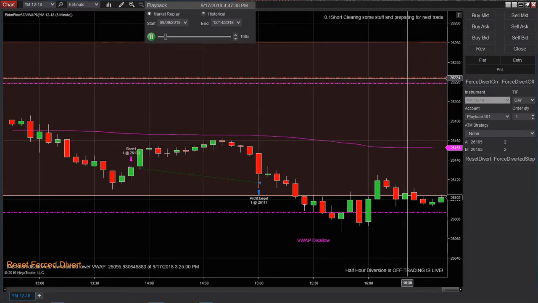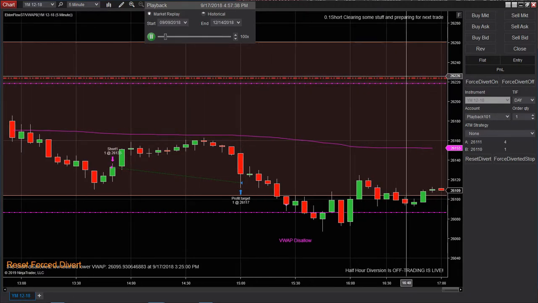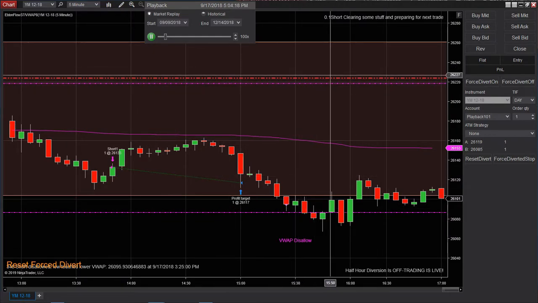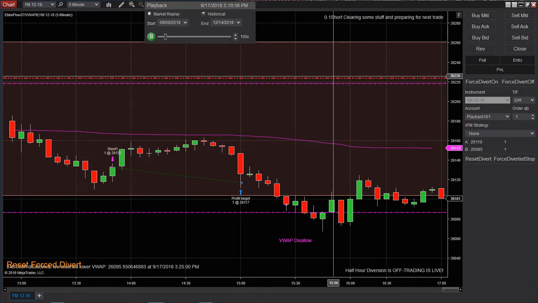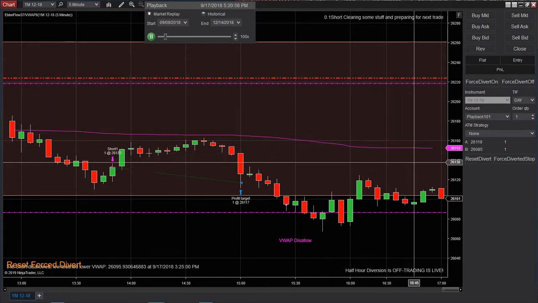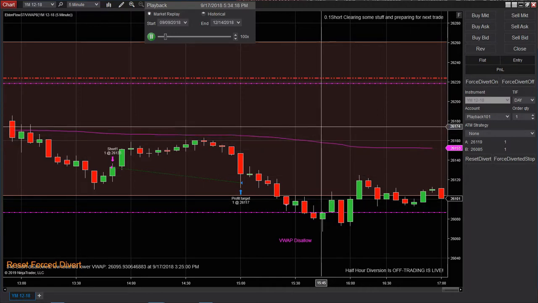If price touches that, I believe if it closes above that, then that will cause a disallow based on that. And in order to then get an allow, it will have to trade all the way back down past the VWAP by the number of ticks entered for that. Let's see what those are called exactly.